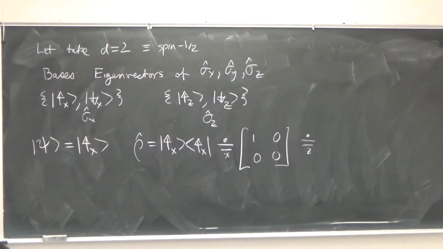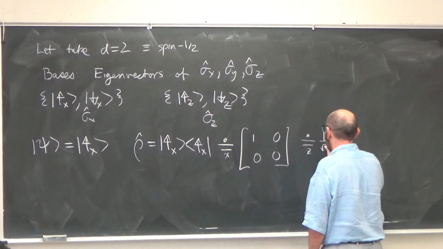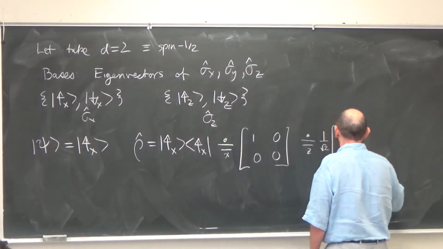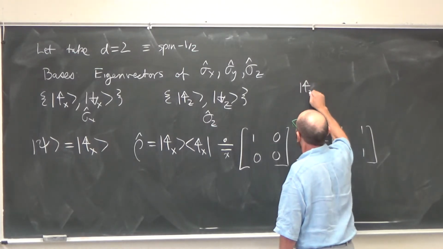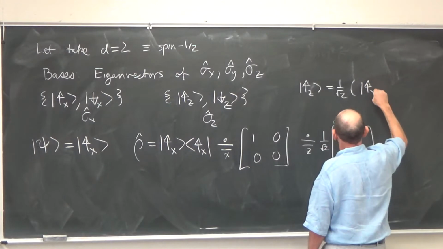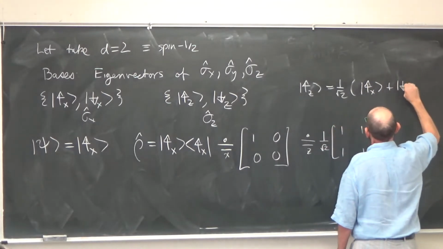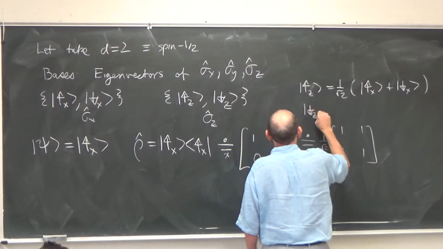1, 1, 1. Sort of. There's a root 2 in there. 1 over root 2, 1, 1, 1, 1. How do we know that? Well, we know that because up along z is 1 over root 2 up along x plus down along x, and down along z is the difference.